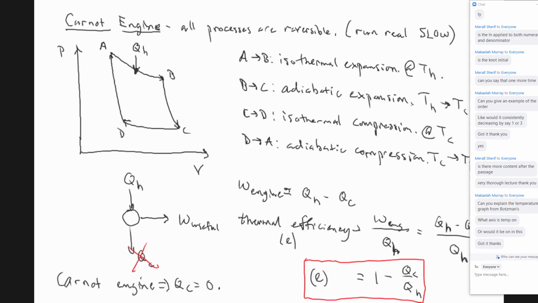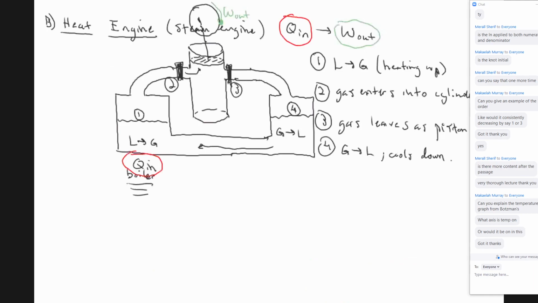So what happened? We put in heat. When this is happening and this is expanding, we got work out, or useful work, right? This is that expansion when the piston was going up in the heat engine, when the piston was moving up because that gas rushed in.